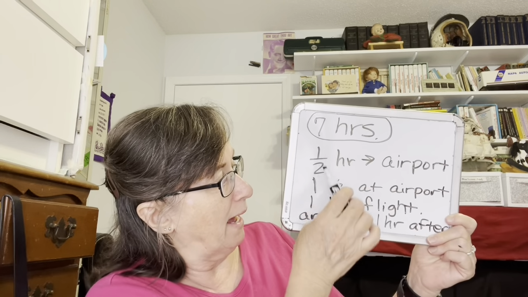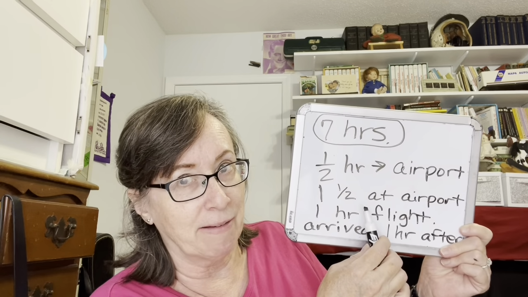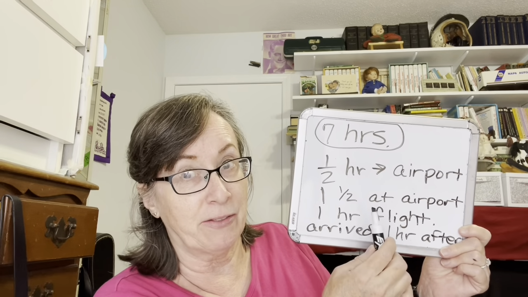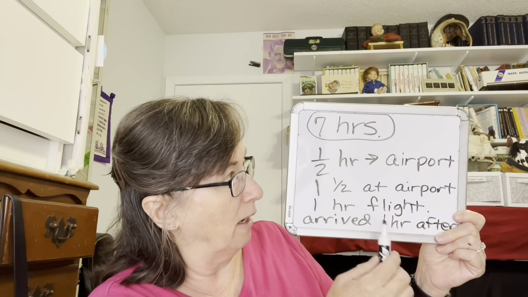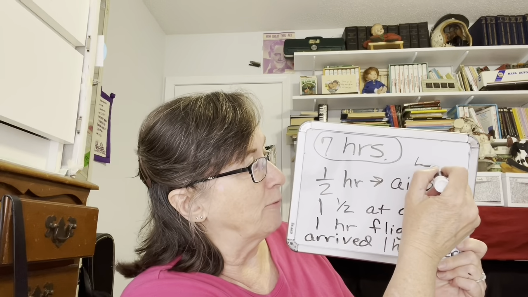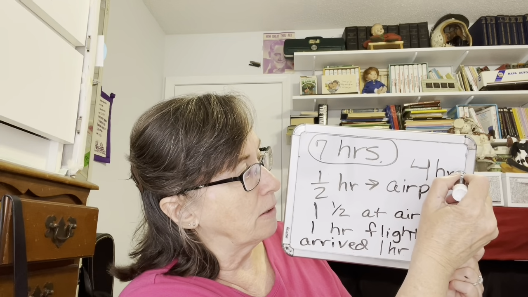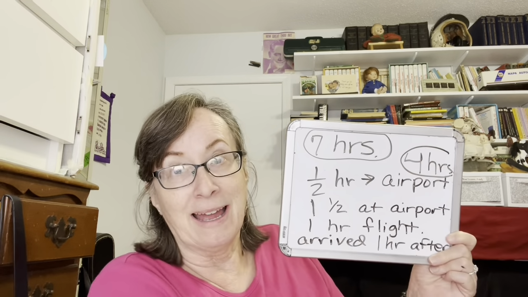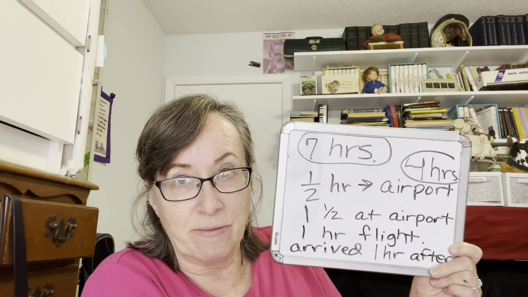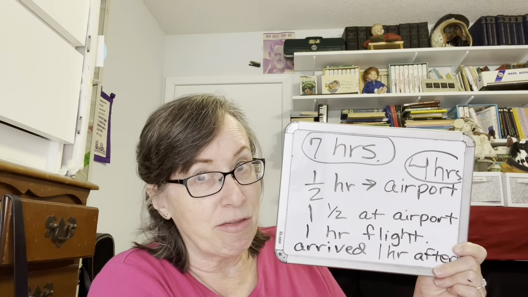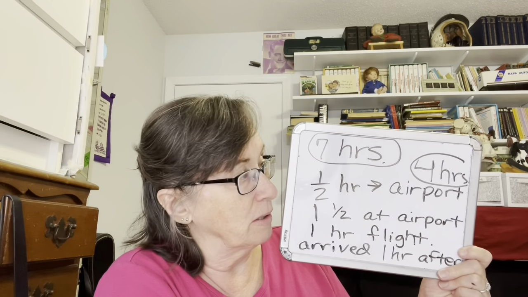So 1/2 plus 1 and 1/2, 1.5 plus another half is 2, 3, 4. So it took him 4 hours flying and 7 hours driving. So he saved 3 hours.